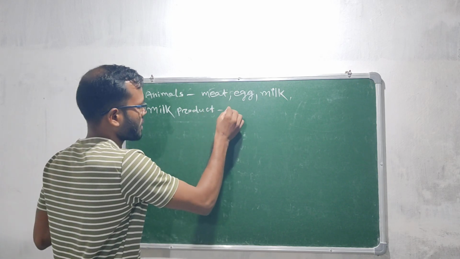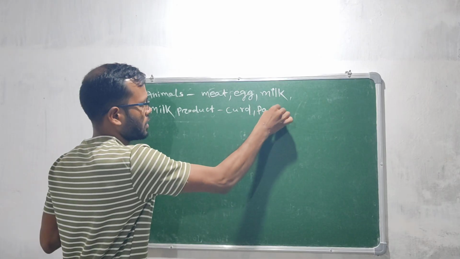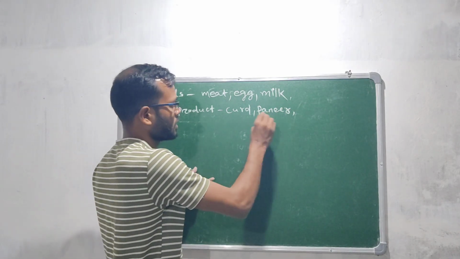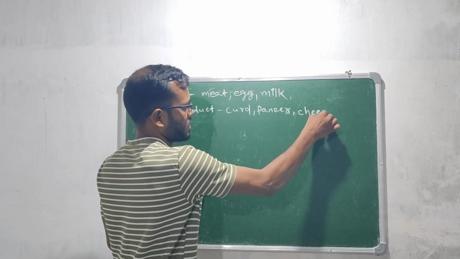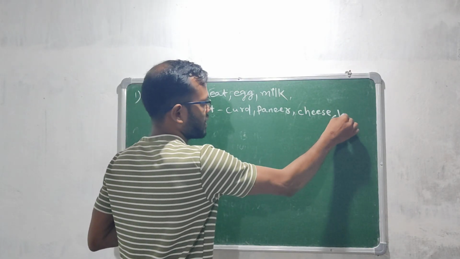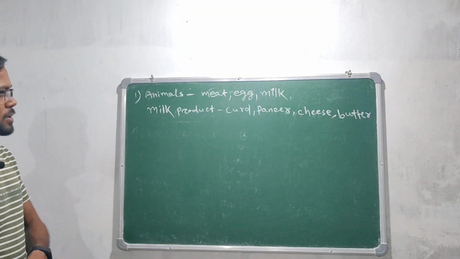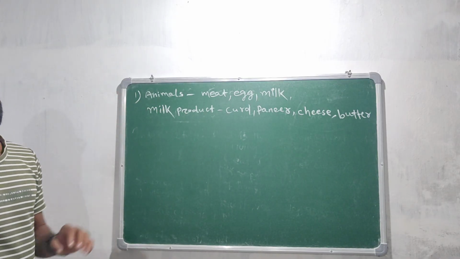Like the curd, paneer, nutrient-rich food. Paneer, curd, cheese, butter. These are the milk products. These also come from animals.